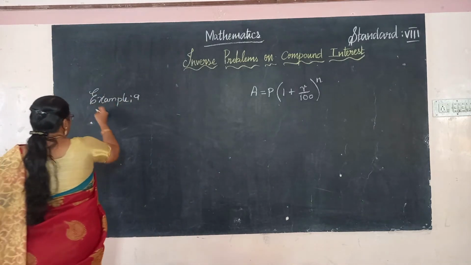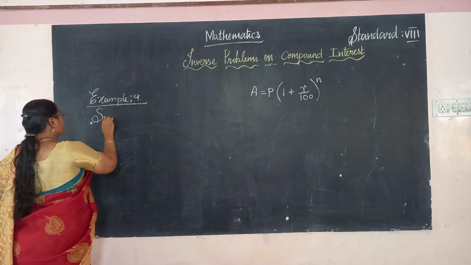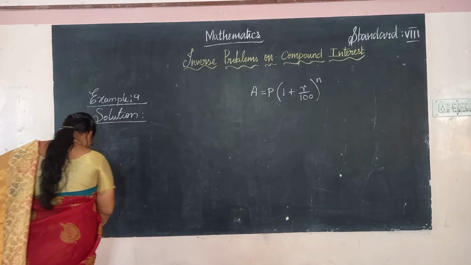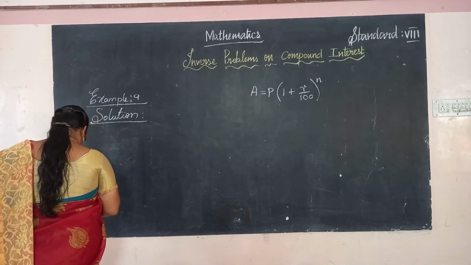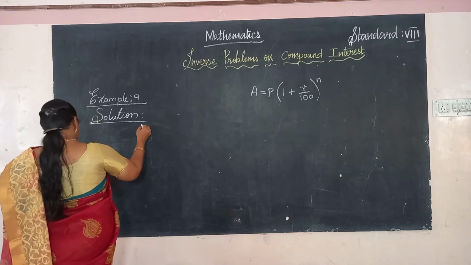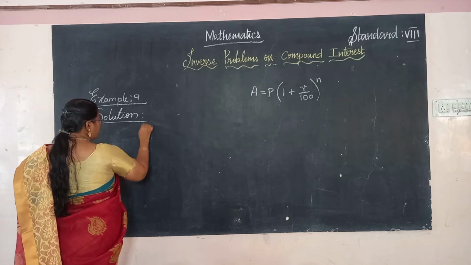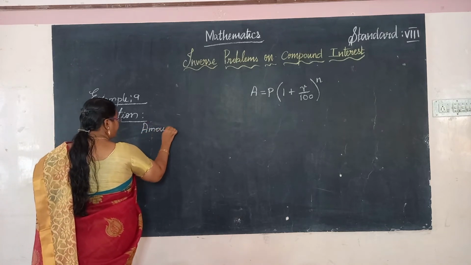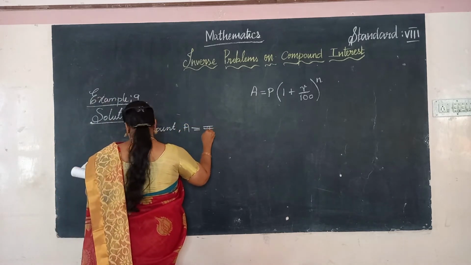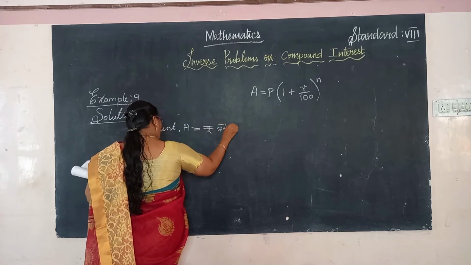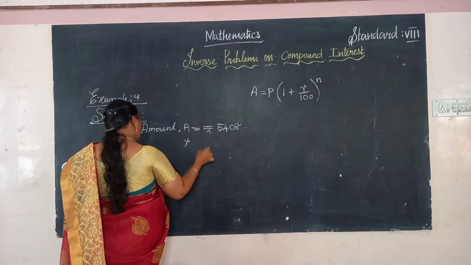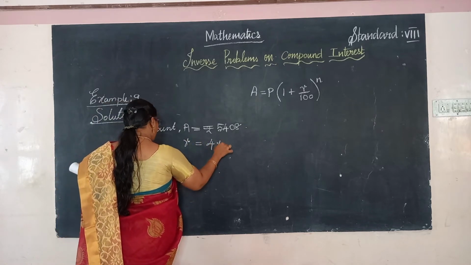First write the given data. What data are given? Amount, that is the accumulated factor, A is equal to rupees 5,408, and then rate of interest 4%.